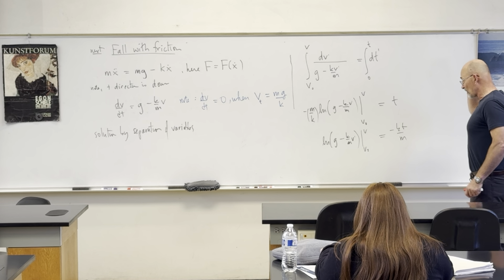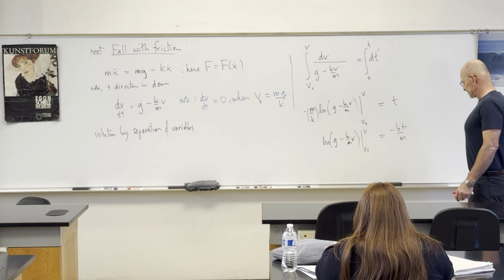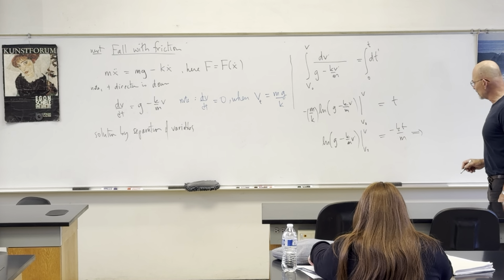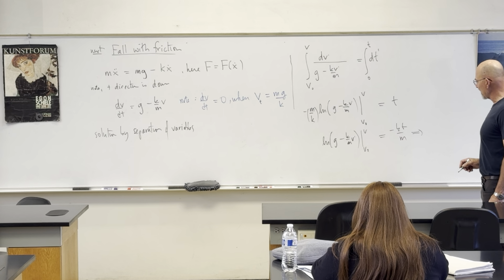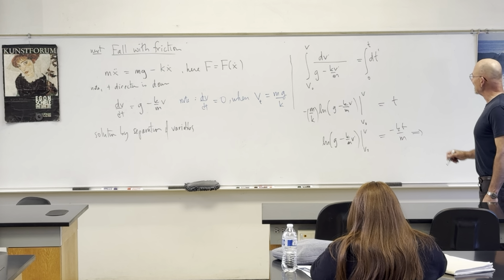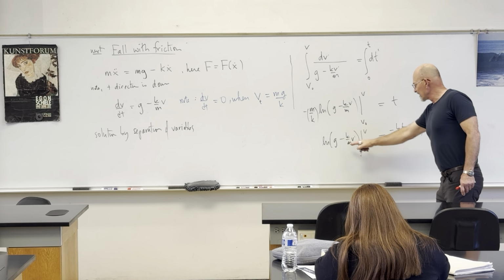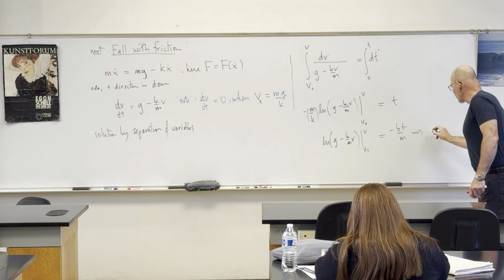And the next thing we're going to do, let's see, I want to bring this into a good form before we exponentiate. So to avoid having dimensional quantities, what we can do is this.